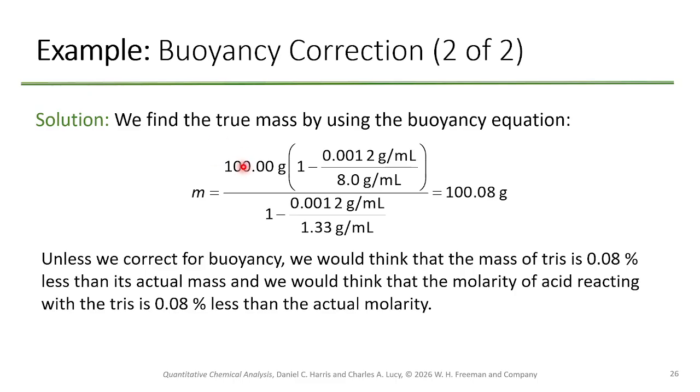We have 100 grams. This right here is 1 minus, and then we're going to use the density of the air. Note that we'll use book values for the density of air because we don't really have a way of measuring it, but you can actually have devices to measure density of air in a lab. And it does change a bit, depending on your sea level, moisture in the air, etc. This is that grams per milliliter.